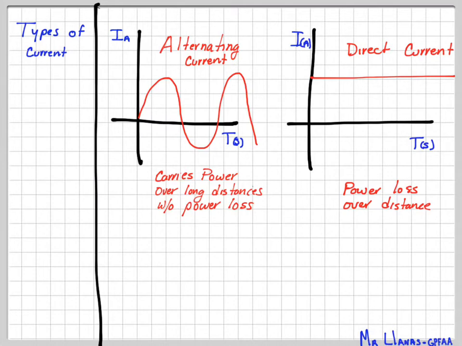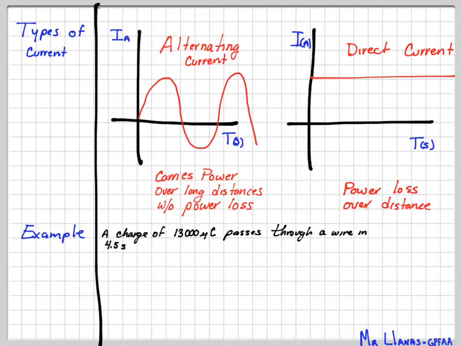Alternating current carries power over long distances without much power loss, and that's the reason we use alternating current to get to your home. Once it's at your house, when you plug in your devices, you use AC to DC converters, like in Macs, so that we can change the alternating current to DC current. We do that because we cannot store alternating current, but we can store direct current. Batteries have direct current, so we use AC to DC converters to charge up the batteries in our devices.